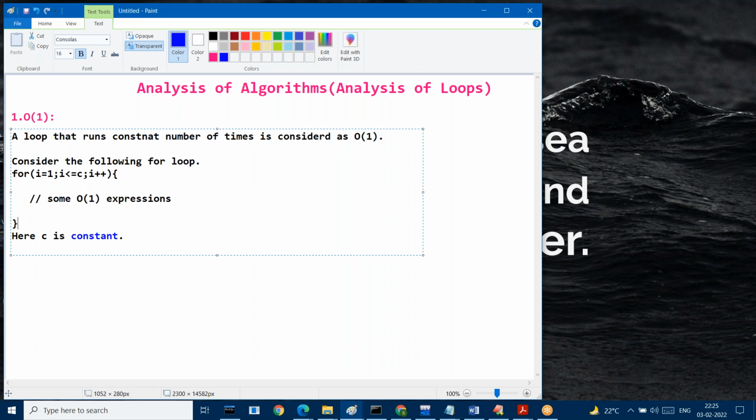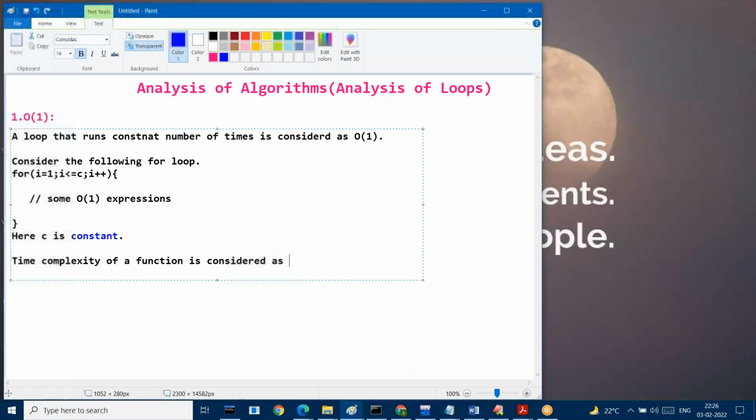Similarly, we can say that the time complexity of a function is considered as, suppose one function is there and someone is asking, tell me what is the complexity. If it is a constant and very high, then also big O of 1.